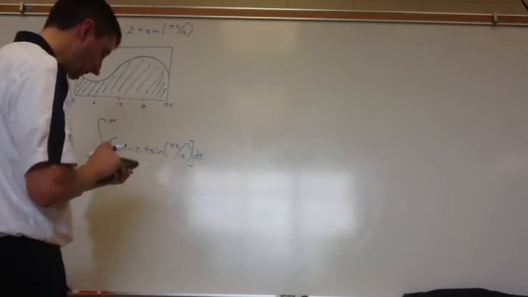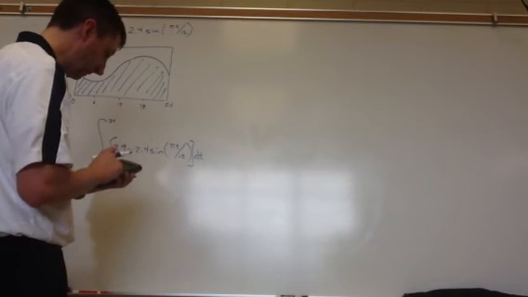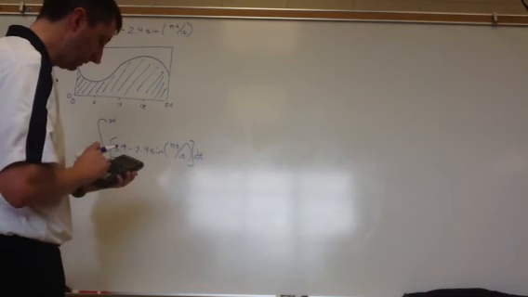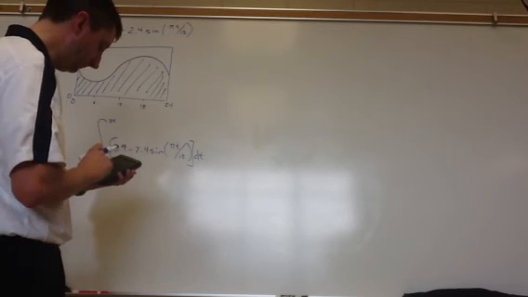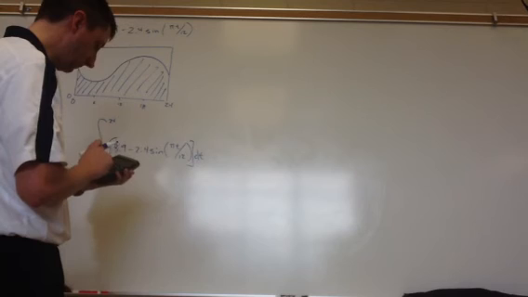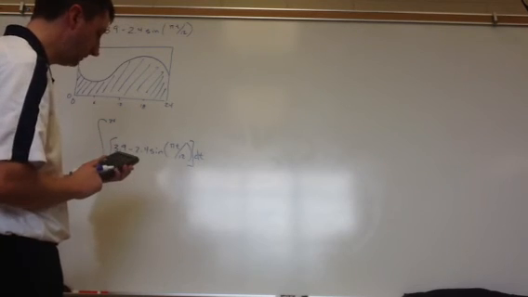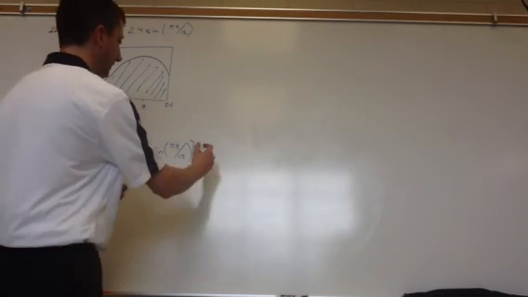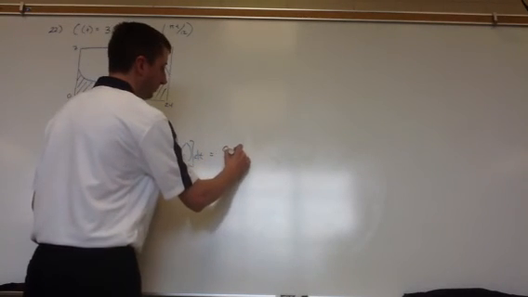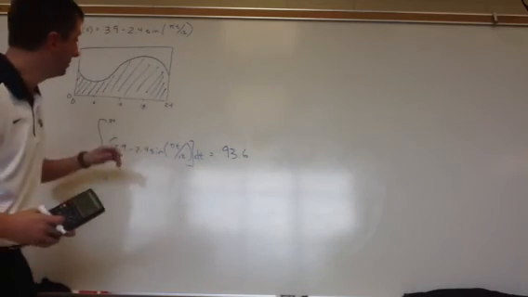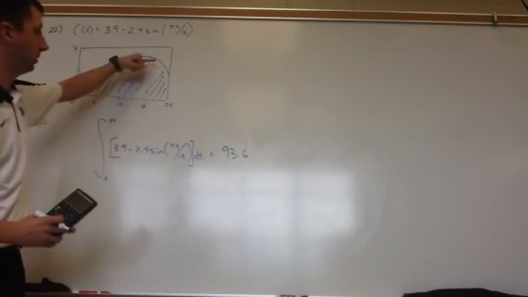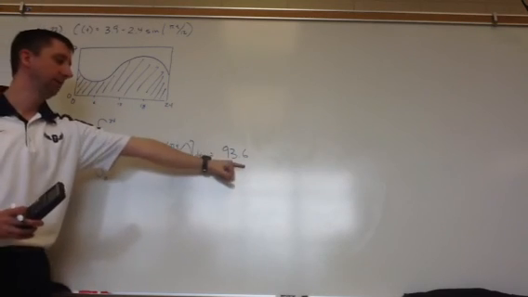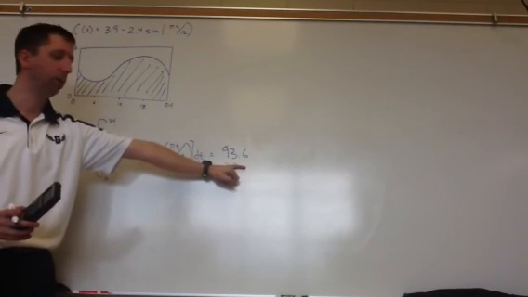So I'm going to close that, comma, with respect to x, comma, 0, comma, 24. Close parenthesis. Press enter, and I get 93.6. So that means this calculates all the power that I've used in that 24-hour period is 93.6 kilowatt hours.